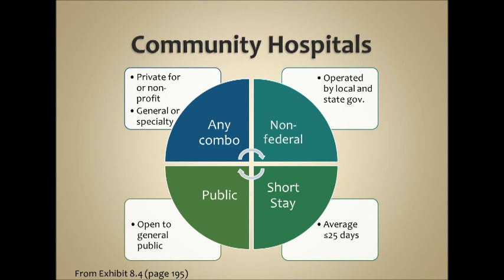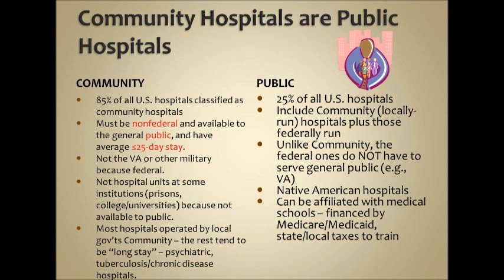Now, if you look in the upper left-hand corner, you'll see that community hospitals can either be private, for-profit, or non-profit, right? They can either be general or specialty, but as you can imagine, they're probably going to be general hospitals, right? Because there's just more of those. However, getting back to the public part, it's easier maybe to think about public hospitals just in one sense from a federal standpoint because most of the federal hospitals are not public hospitals.